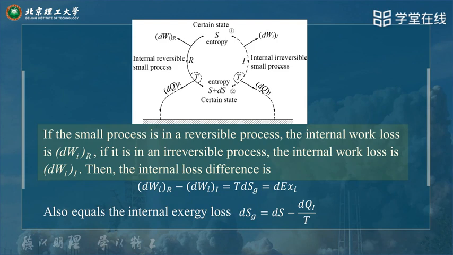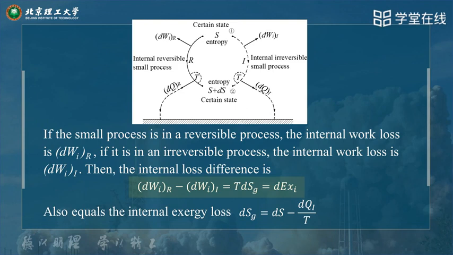The internal work loss is dWi. There are two processes include a little small irreversible process. Certainly, the internal loss difference is dWi R, R means the larger process is reversible, minus dWi I, capital I means the larger process is irreversible.